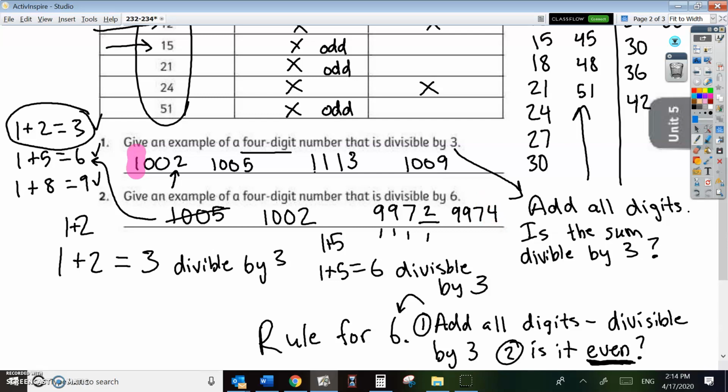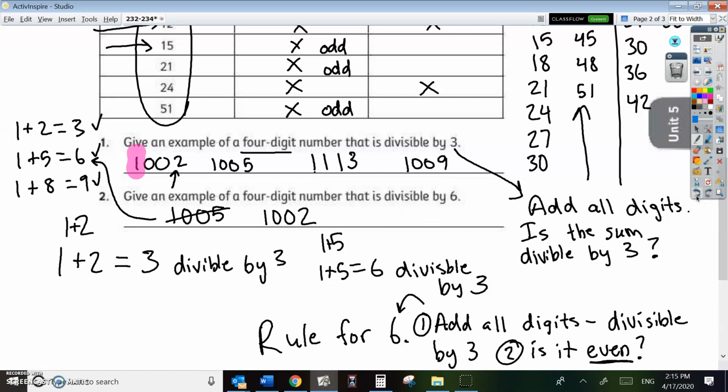I think, let's double check that. 9, 18, 25, 29. That's not divisible by 3. That won't work. Let's make that a 5. Nope, that's not going to work either because that won't be even.